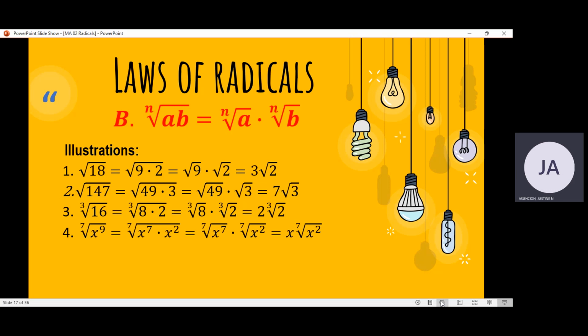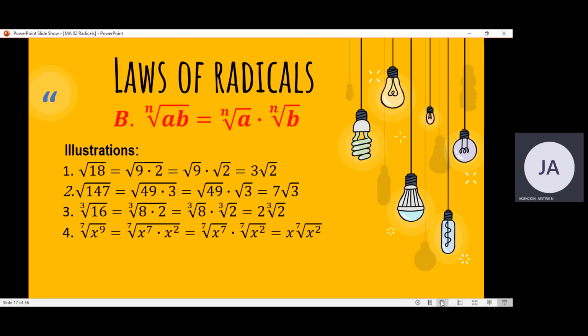Another example, the seventh root of x raised to 9. Okay, so x raised to 9 can be expressed as x raised to 7 times x squared. Okay, so again, apply the law of radical here. We have the seventh root of x raised to 7 is just simply x. And then we have here the seventh root of x squared.